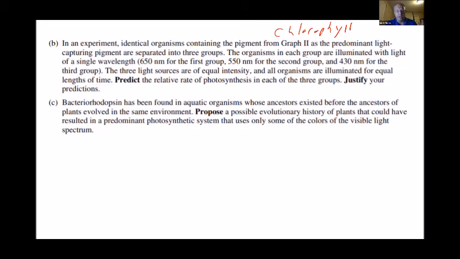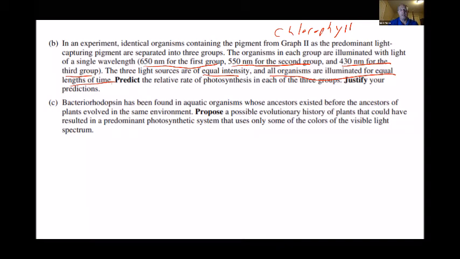So one color, each group gets a certain color. One group gets 650, one group gets 550, and one group gets 430. The 3 light sources are of equal intensity, and all organisms are illuminated for equal lengths of time. Predict the relative rate of photosynthesis in each of these 3 groups. Justify your predictions. So remember, 650, 550, and 430.